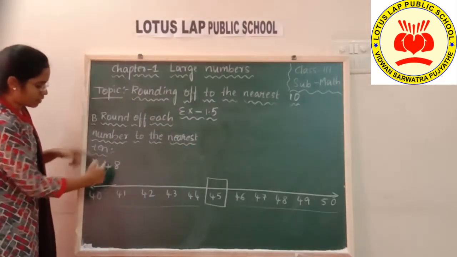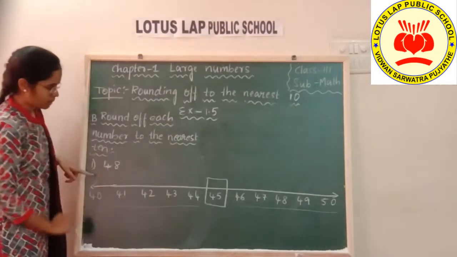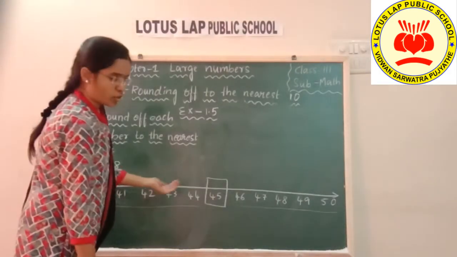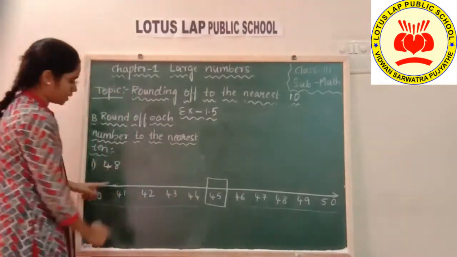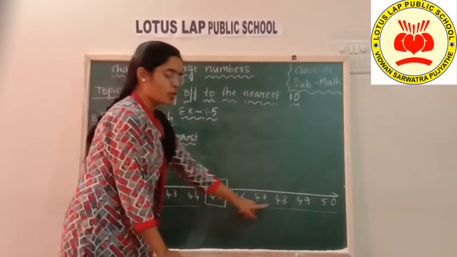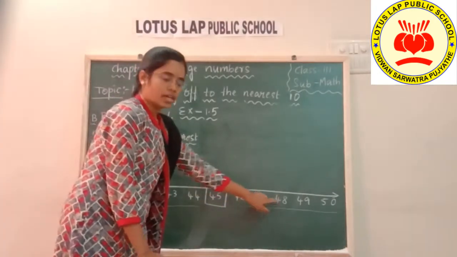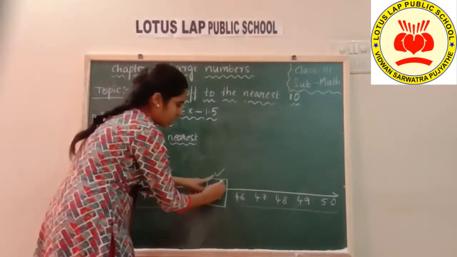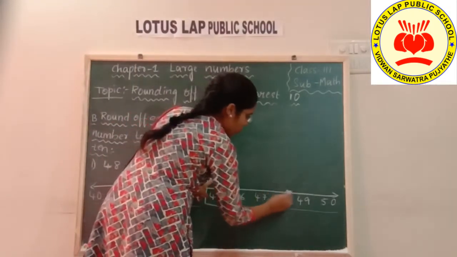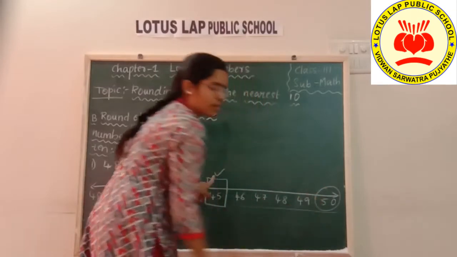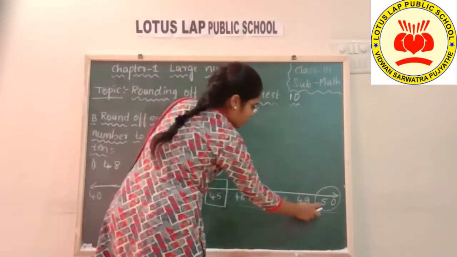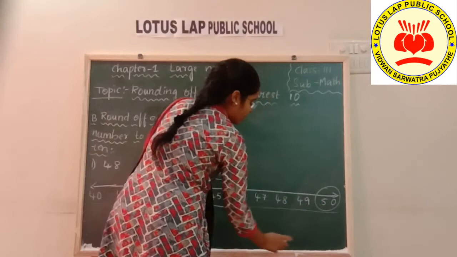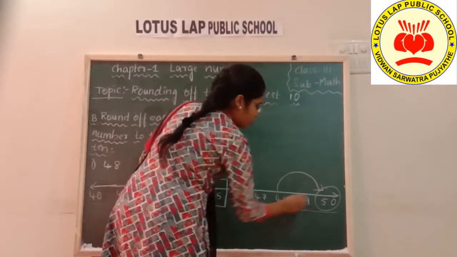Now let us check where 48 is on this number line, whether it is before or after the reference value. Definitely 48 is after the reference value. I have told you, including this one and above values are to be rounded off to the next 10's value, that is 50. 48 is closer to 50.